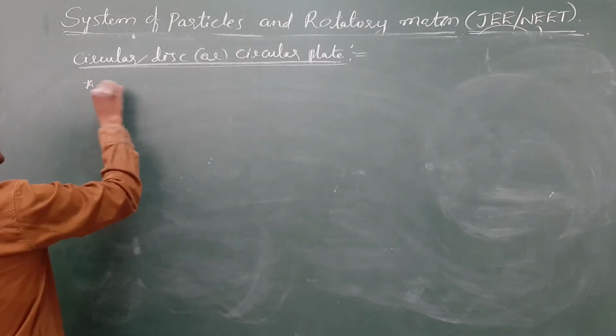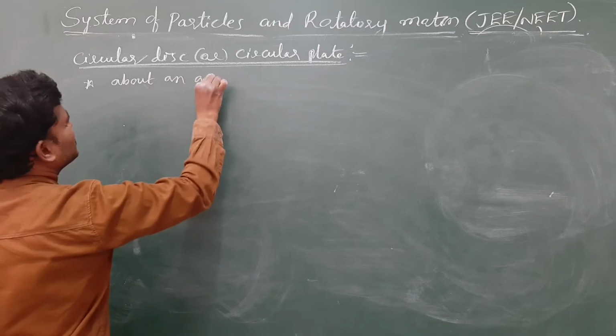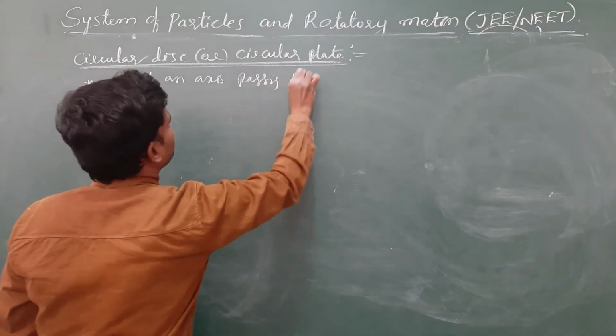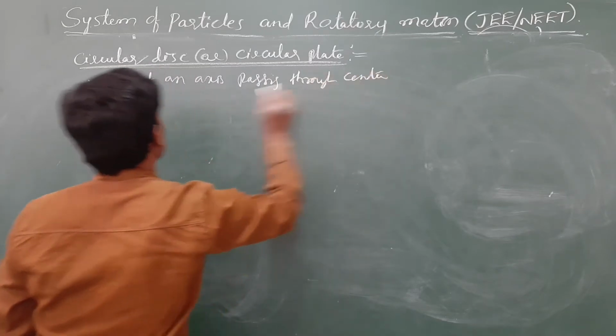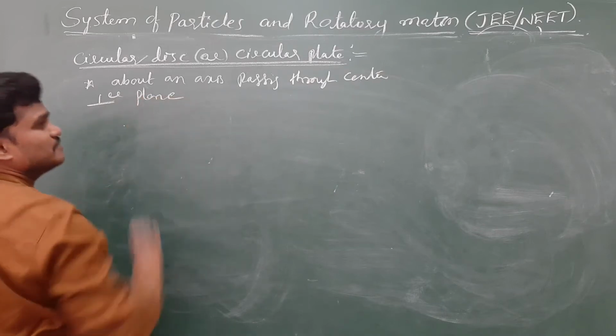Let me find first about an axis passing through the center, perpendicular to the plane of that disk.